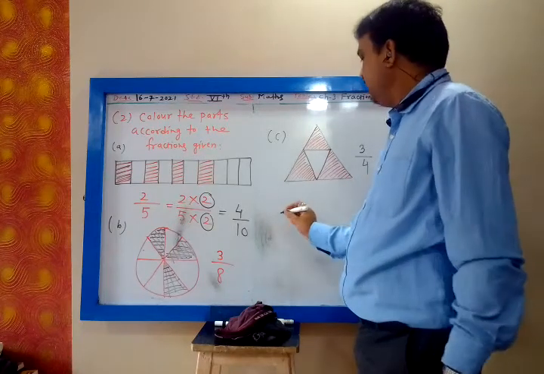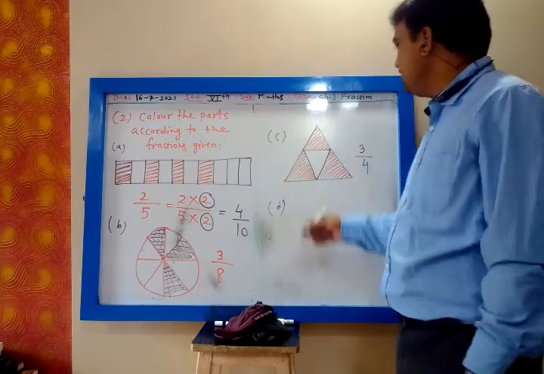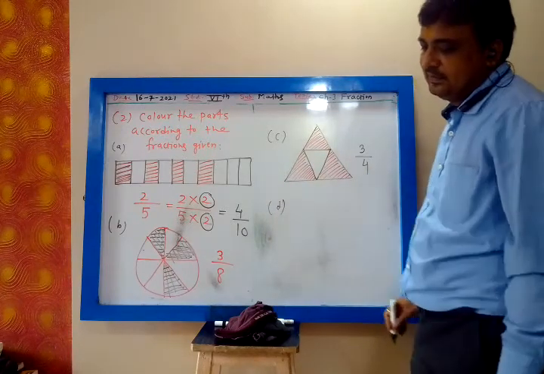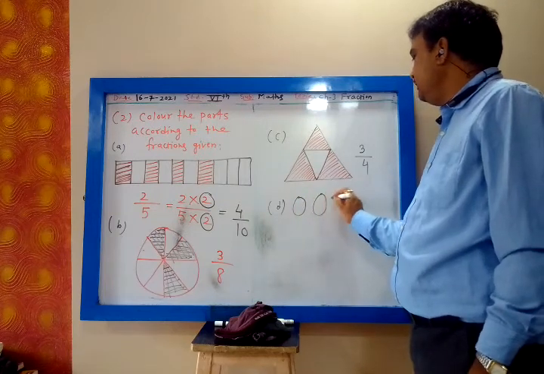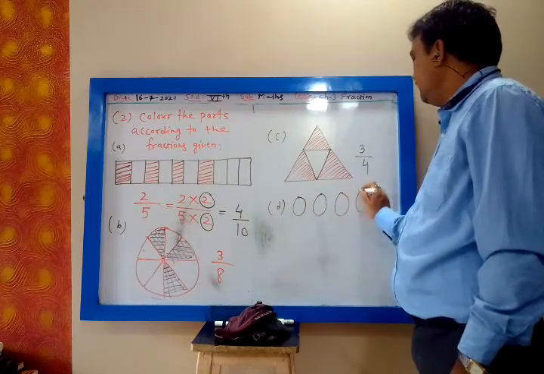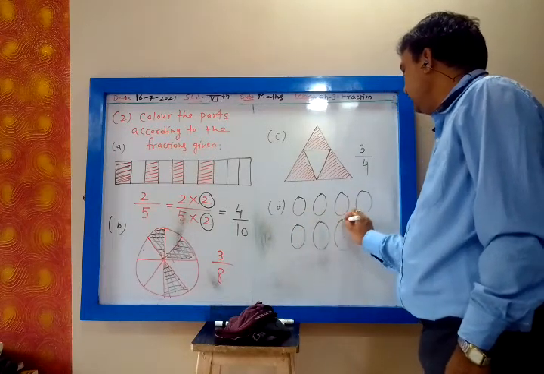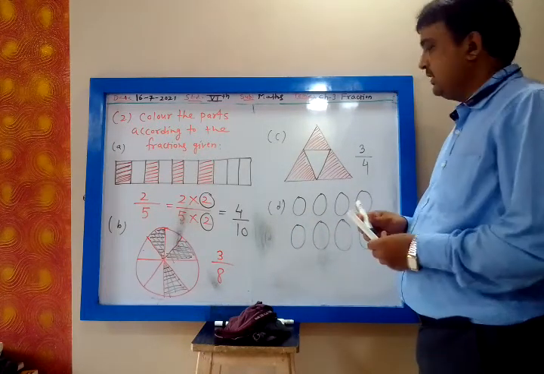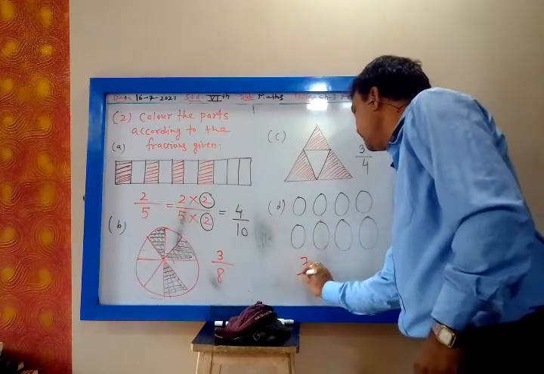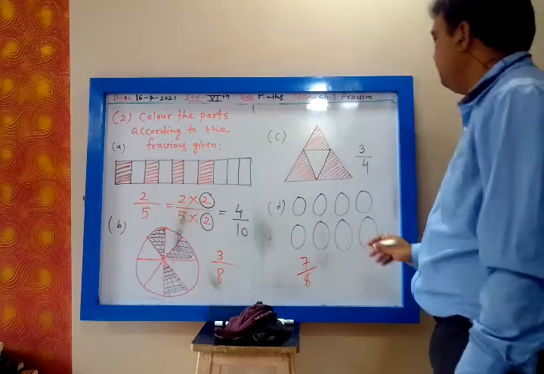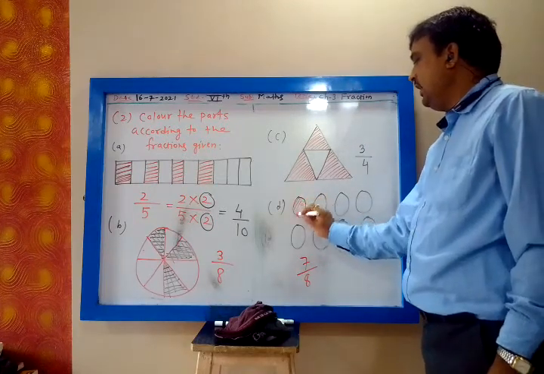Then D. You can shade any 3 parts, no problem. Then circles are there, 1, 2, 3, 4, then 5, 6, 7, 8. 8 circles are given. And the fraction given is 7 upon 8. How many parts are there? 1, 2, 3, 4.